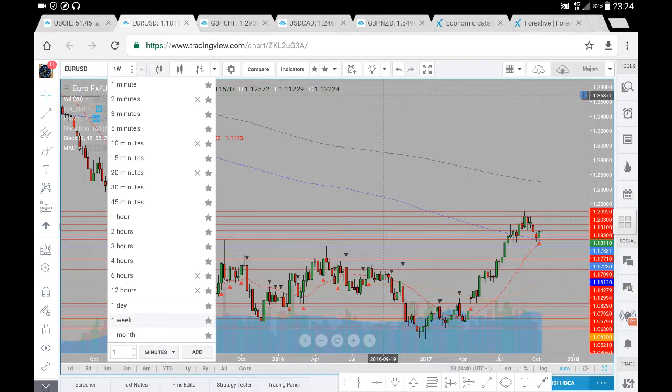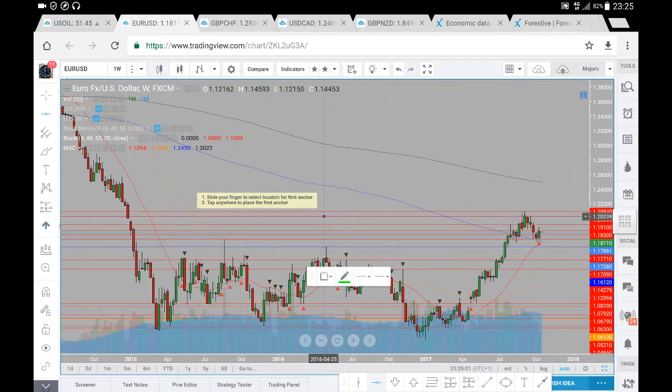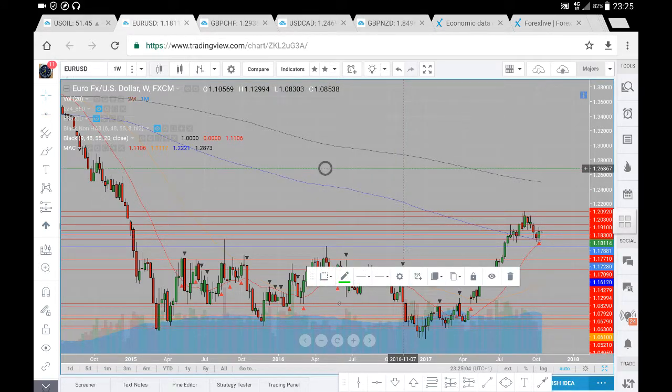Now, before I go down to the daily time frame, let's just put in a weekly pivot. This week has opened at 1.1810. Okay, 1.1810 it is. So let's just put this in. Let's get the color correct.